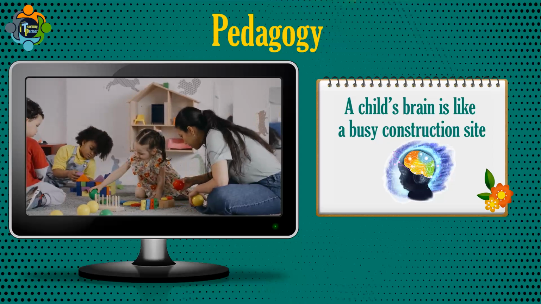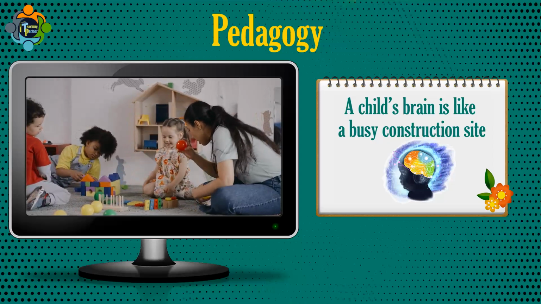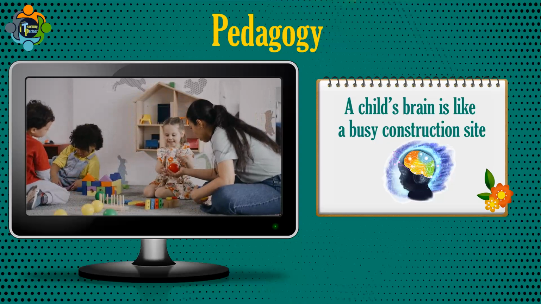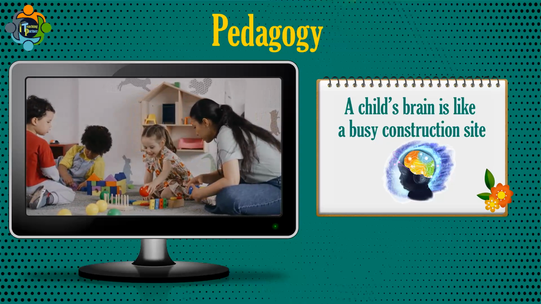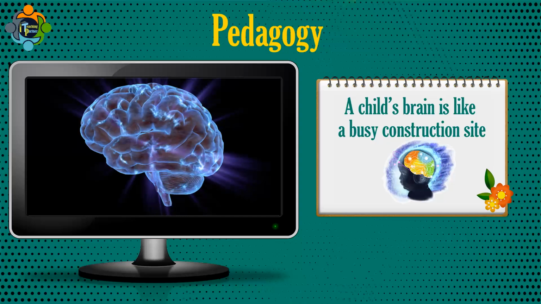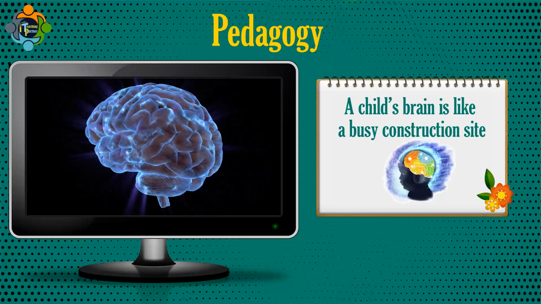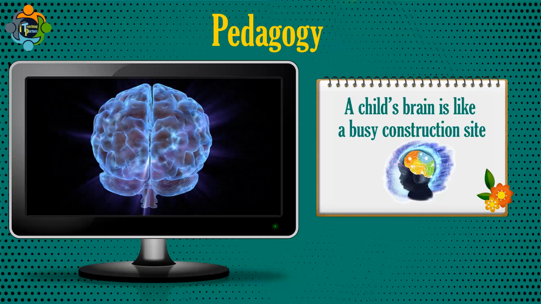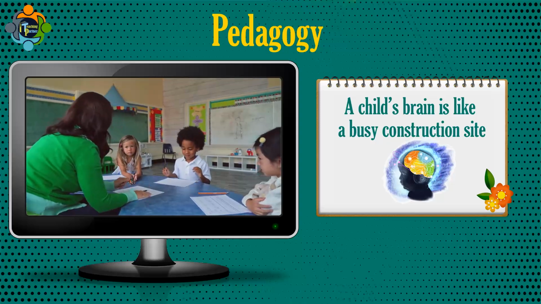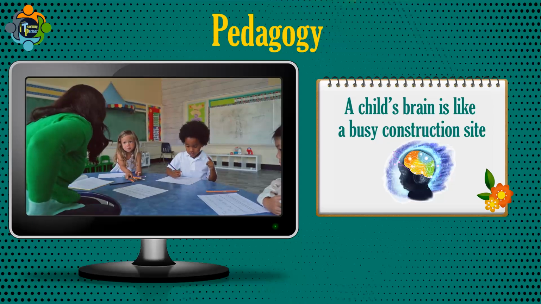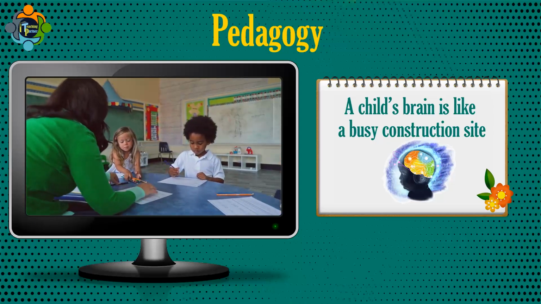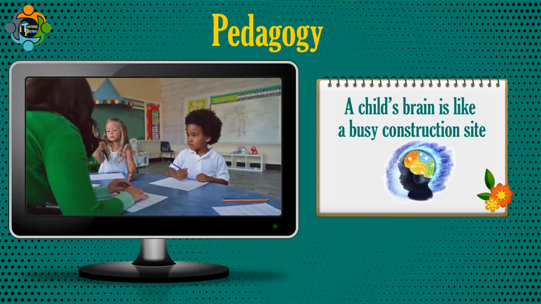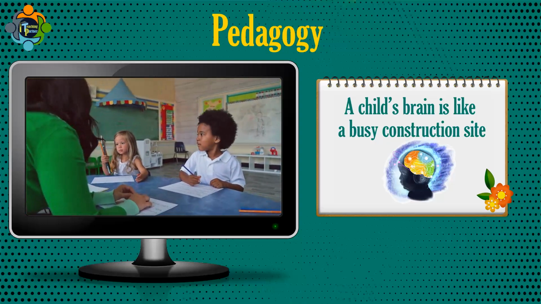Let's start with pedagogy, focused on young learners. A child's brain is like a busy construction site. It's exploding with growth, forming new connections at an incredible rate. The key here is neuroplasticity, the brain's ability to change and wire itself based on experience. For a teacher, this means presenting foundational knowledge, fostering curiosity, and guiding a brain that is still building its core pathways.